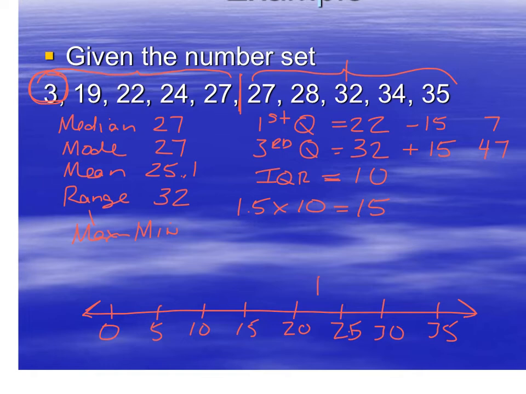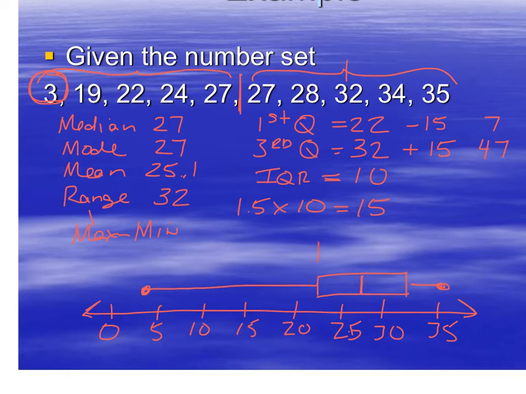And the box would go to 32, which is about there. The median is 27. And then my whisker would go to my minimum value, which is 3. And it would go to the maximum value, which is 35.